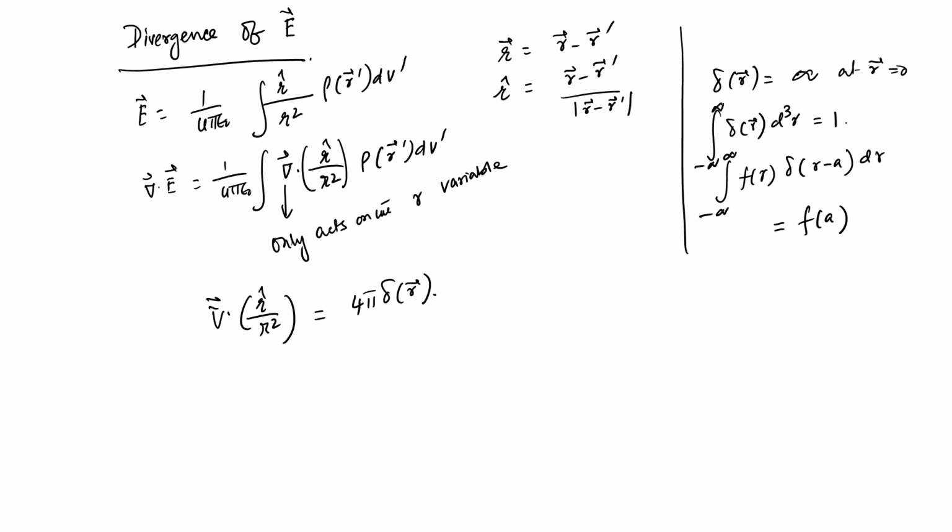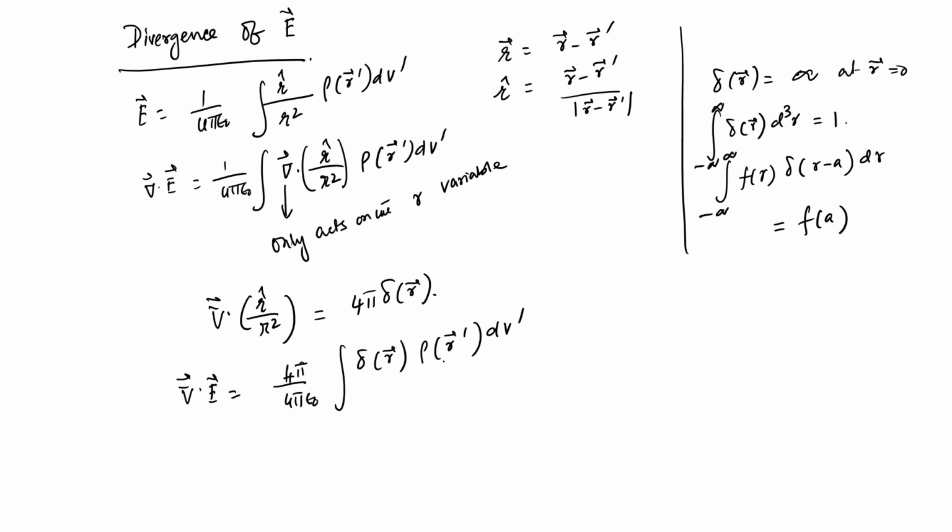Okay. So, the divergence of E now comes out as 1 over 4 pi epsilon 0, and we have this 4 pi which we can bring there, and we have a delta of r, and we have rho of r prime dv prime, using this property that f of r delta of r minus a is equal to f of a.